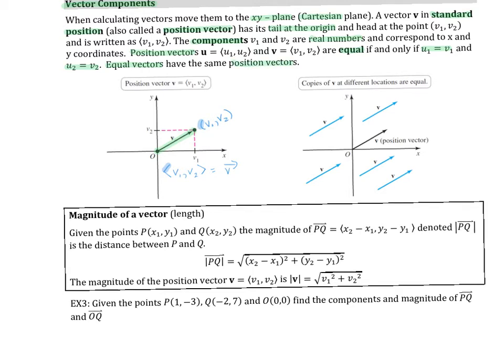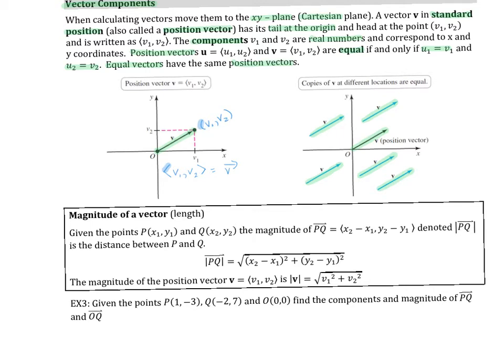So if we look at this position vector in the second diagram, this vector v, it is equal to all these other vectors that have the same magnitude and the same length.